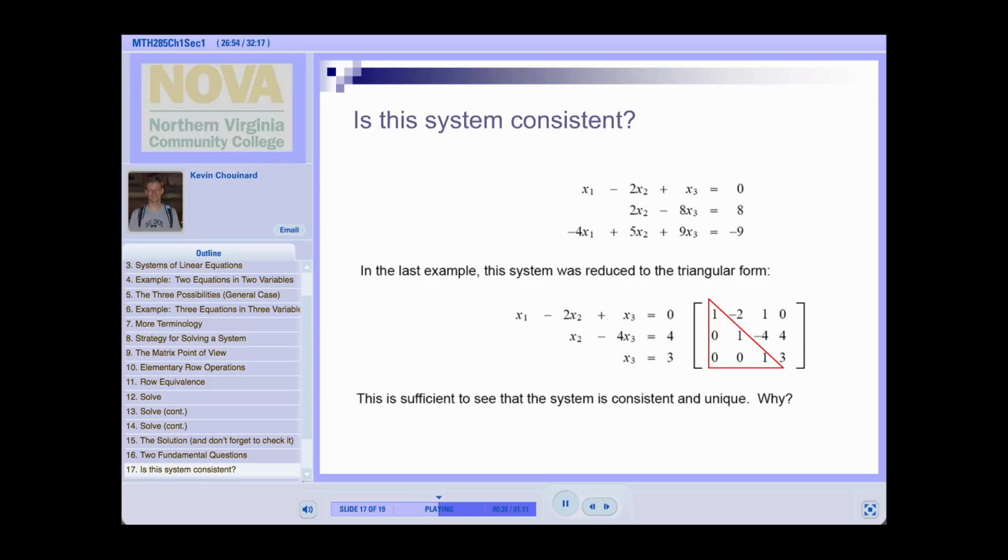Because at that point we knew by getting a solution for x sub 3 that we could put x sub 3 into the equation above it and get an equation for x sub 2. And then once we got x sub 2, we could put x sub 2 and x sub 3 into the equation above it and get a solution for x sub 1. So once we had that triangle with ones on the diagonal and zeros below it, we knew that the system was going to be both consistent and unique.